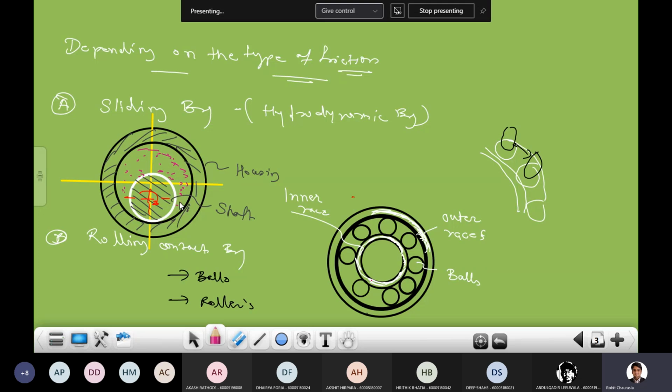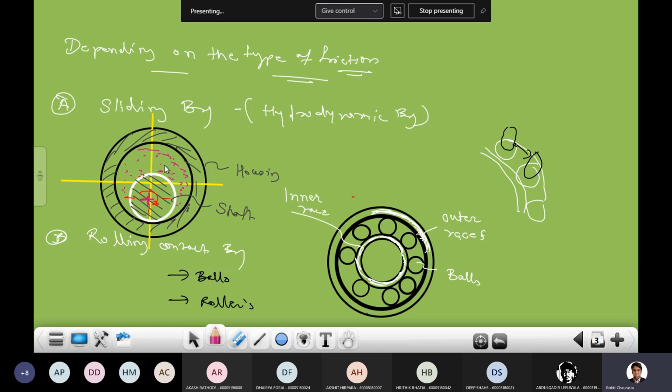Now when our shaft starts rotating, after rotating slowly, the center of the shaft and the center of the housing are going to match. This means the shaft is going to move in the upward direction.